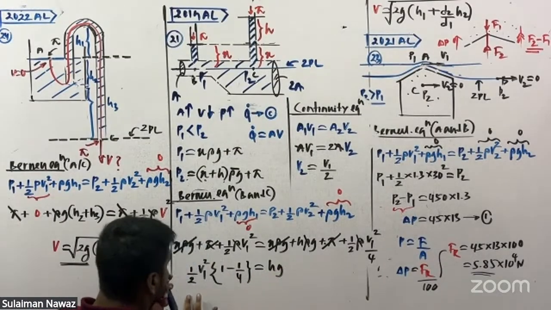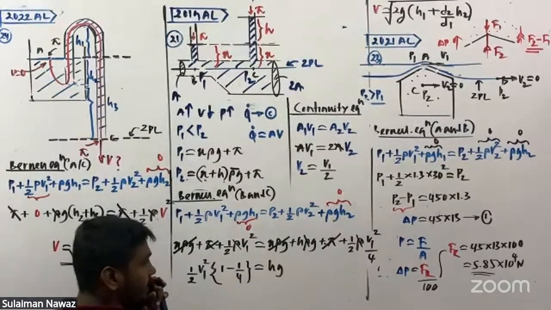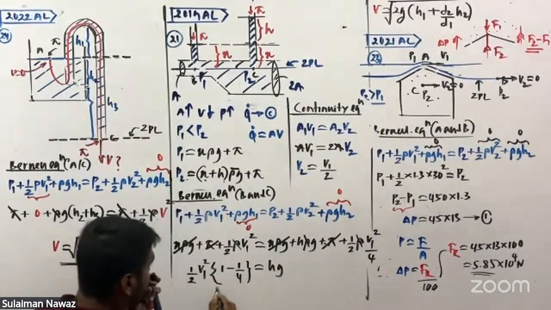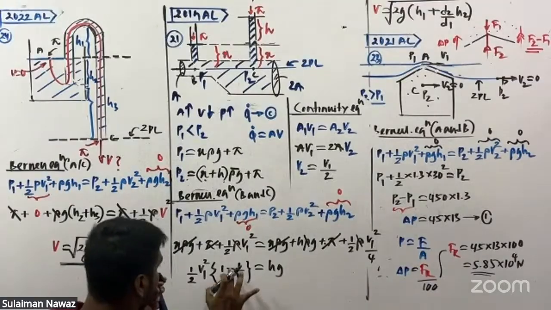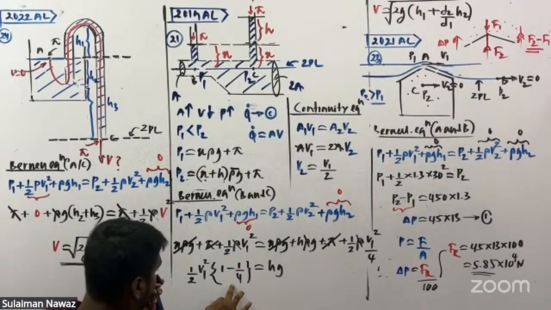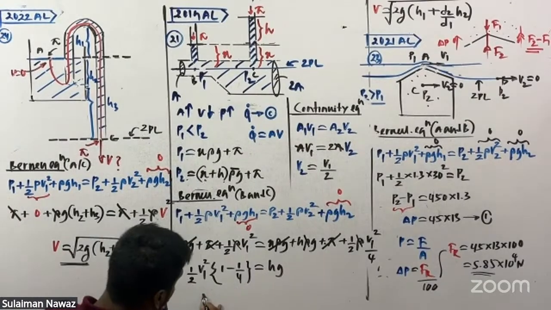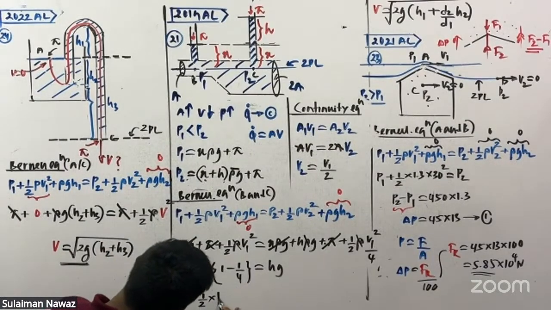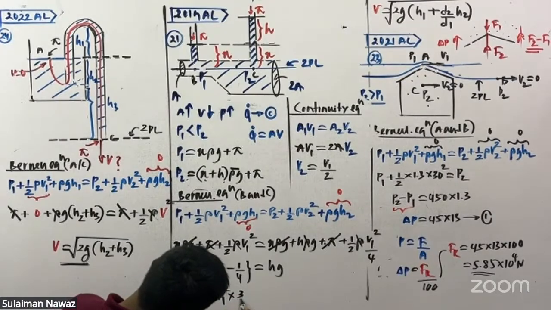So if you simplify further, 1 minus 1 over 4 means 3 over 4. Half v1 squared into 3 over 4 must be equal to hg.